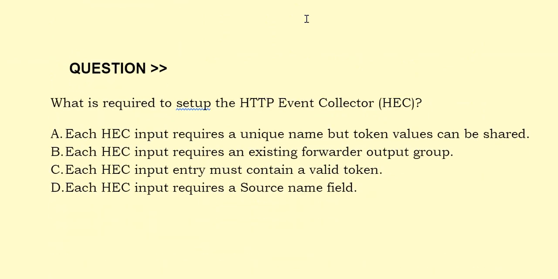What is required to set up the HTTP Event Collector HEC? Option A, each HEC input requires a unique name but token values can be shared. Option B, each HEC input requires an existing forwarder output group. Option C, each HEC input entry must contain a valid token.